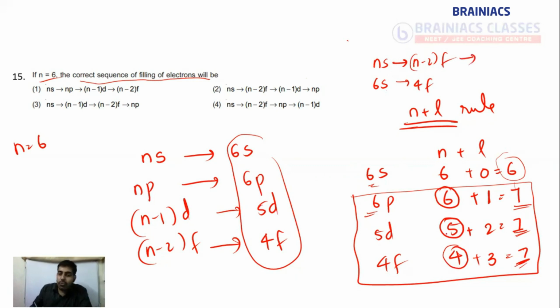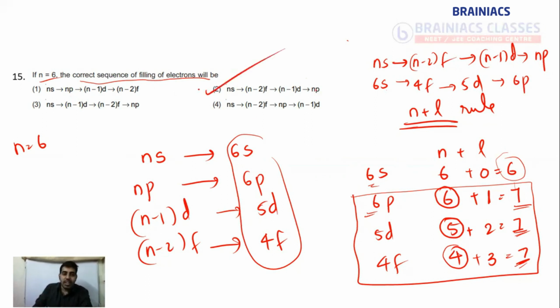Then the next lower energy is 5d, so you have to fill (n minus 1)d, that is 5d. Then the n value is greatest for 6p, so last you fill np, that is 6p. So ns, then (n minus 2)f, then (n minus 1)d, then np.